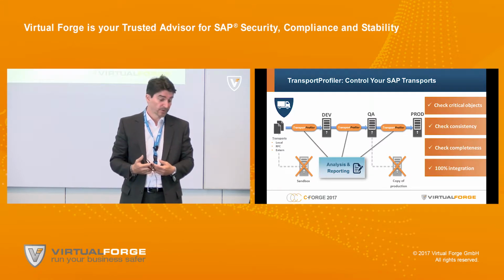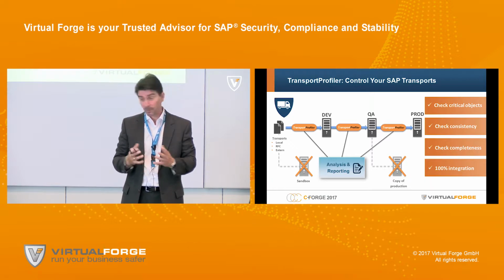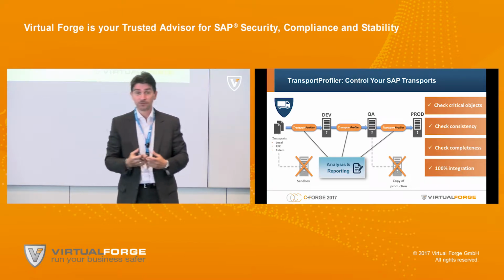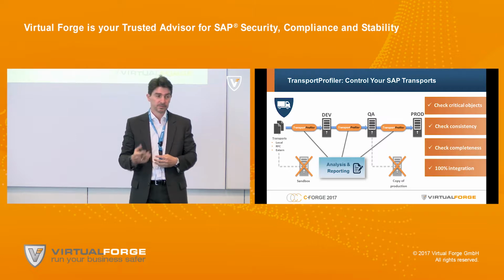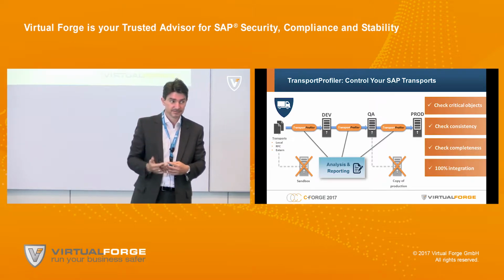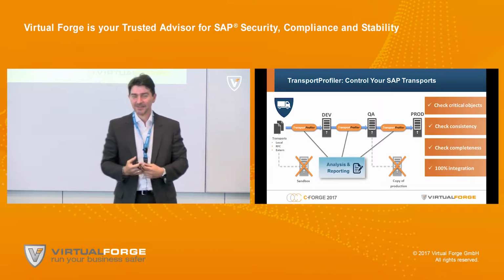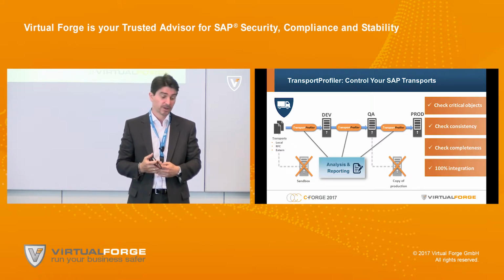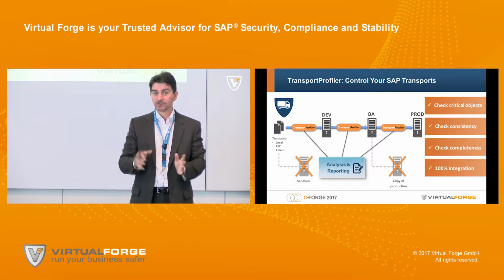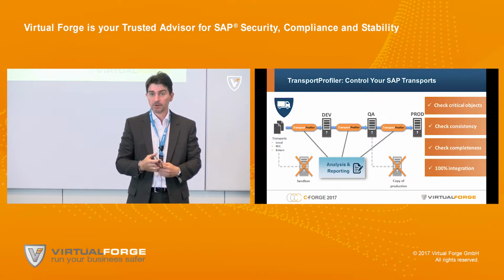And one good thing we did together with SAP, or we got great support from the SAP side, is that the decompression of the transport files is now part of R3trans, and we can use the SAP standard functionality to decompress them, and now we are at least 100 times faster than at the moment.